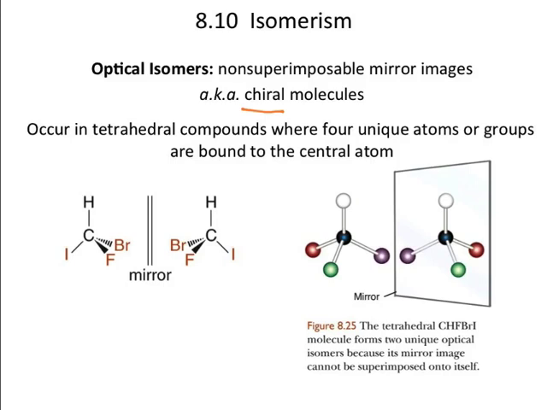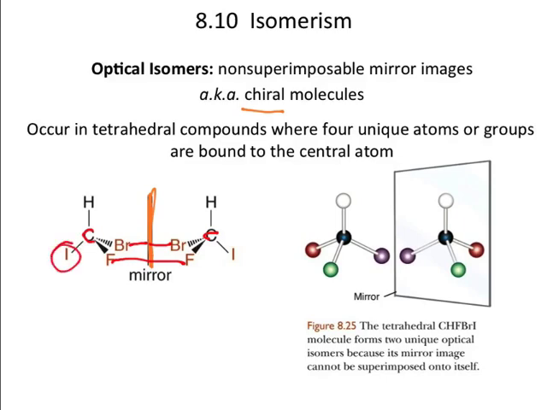And so a couple examples here. Tetrahedral compounds where there's 4 unique groups bound to the central atom. And so here you have a mirror plane in the middle, and then you're reflecting these atoms over the mirror plane. So the carbon's still in the middle, and then the bromine, well, it's closest to the mirror on the left, so it's going to be closest to the mirror on the right. The fluorine, okay, it's on the mirror on the left, down on the right here, kind of in the lower spot.